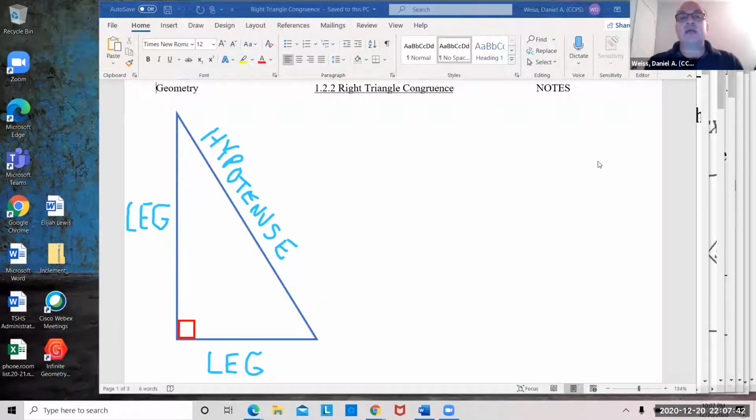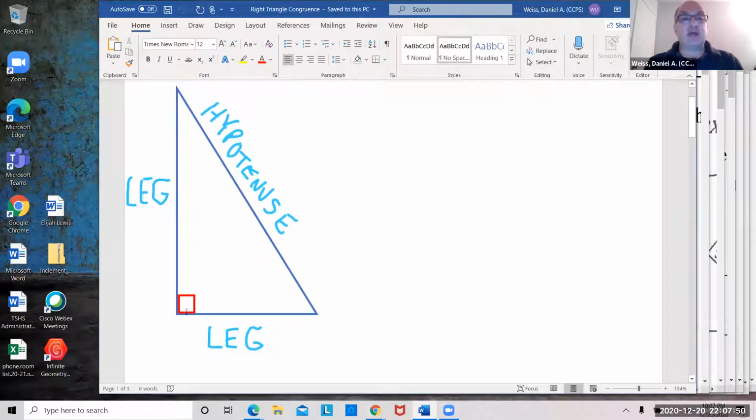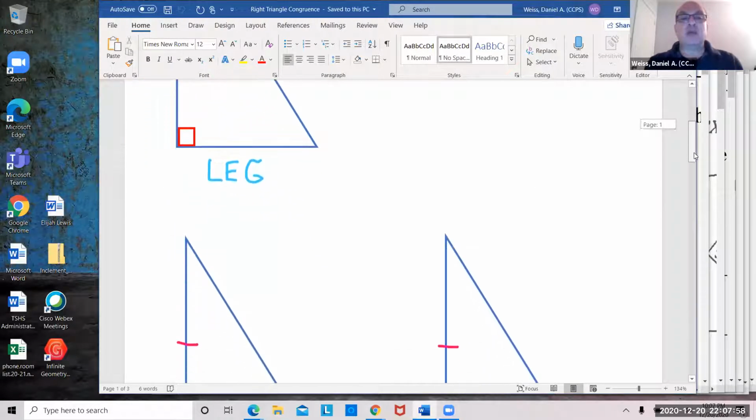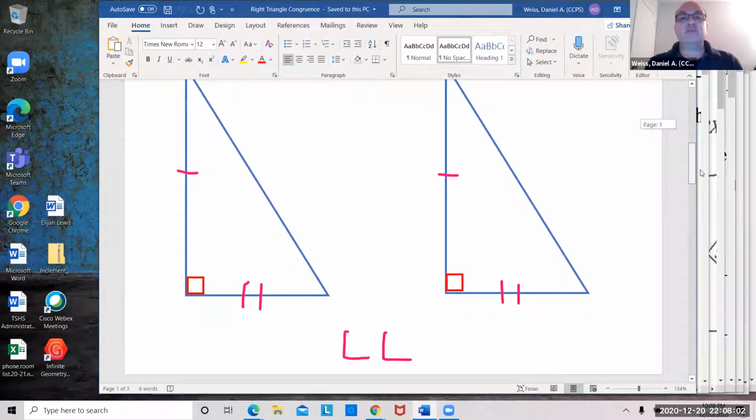Next. Here's right triangle congruence. Remember, in a right triangle, you have a leg and a leg. The two legs make up the right angle, and across from the right angle is the hypotenuse, right? So how are these two triangles congruent? Leg, leg.